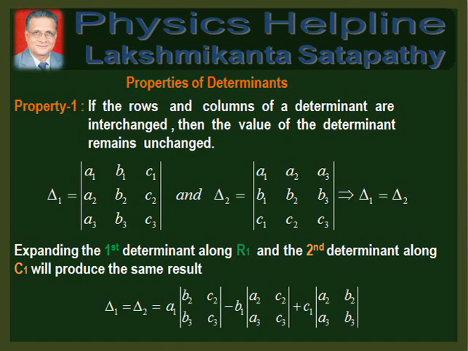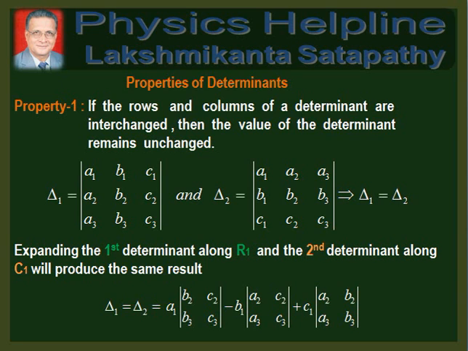Now we will discuss the properties of determinants. The first property states that if the rows and columns of a determinant are interchanged, then the value of the determinant remains unchanged. It may be noted that we can write R1, R2 and R3 respectively as C1, C2 and C3 without changing the value of the determinant.